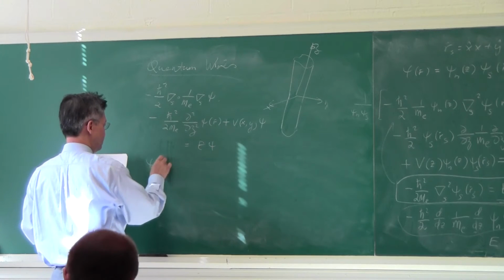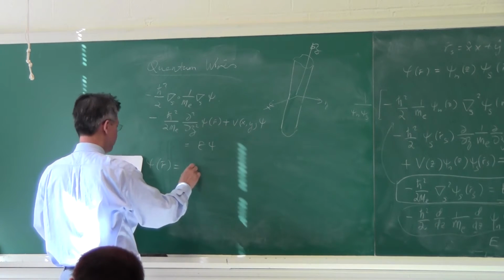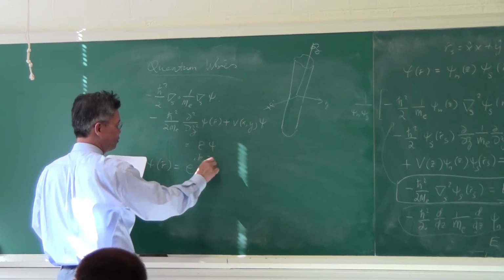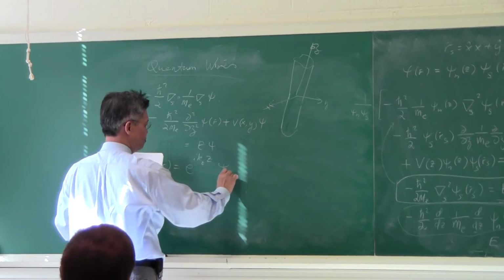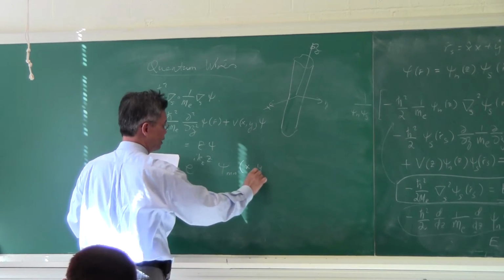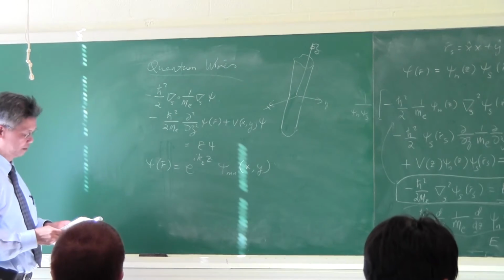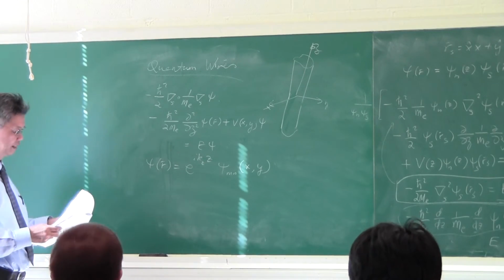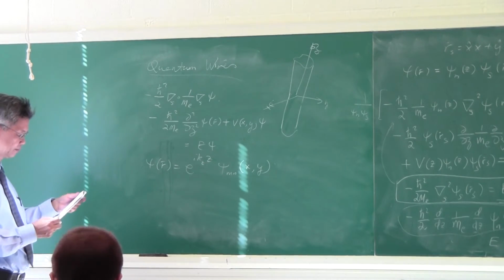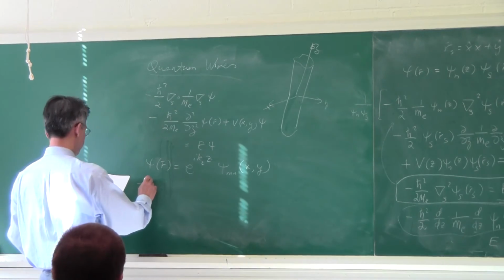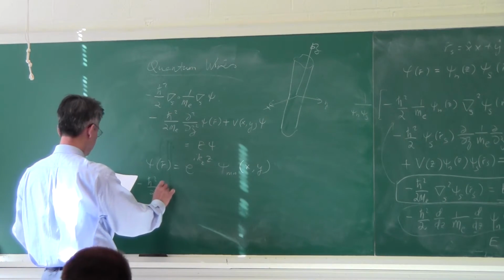And then again, you solve this by the separation of variables. You assume that the electron is free to roam in the z direction, but confined into modes in the x and the y direction. You substitute that into the above equation. Then you get an equation for the transverse modes, by the method of separation of variables.